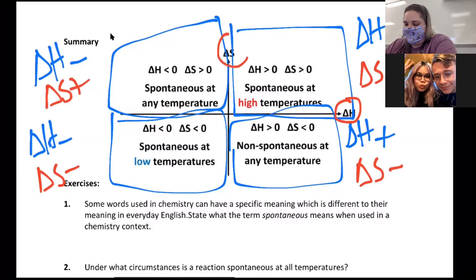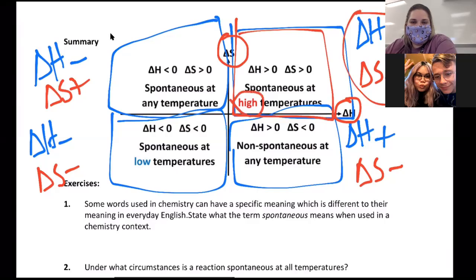If your values fall in this quadrant, meaning both delta H and delta S are positive, then it's spontaneous only at high temperatures. At low temperatures, it would not be spontaneous. If I go over here where delta H is negative but delta S is positive, that's this top left quadrant, and it doesn't matter the temperature, it's always going to be spontaneous.